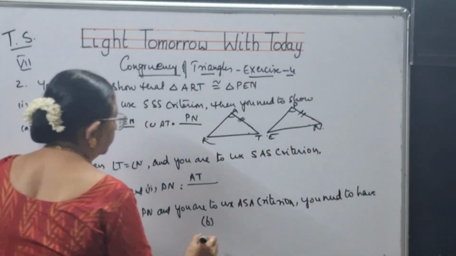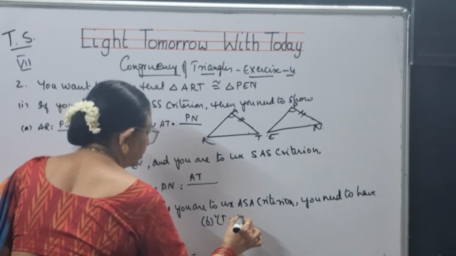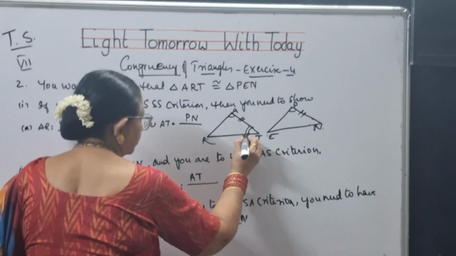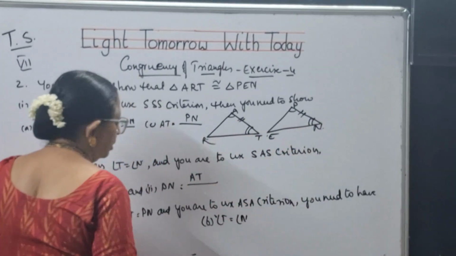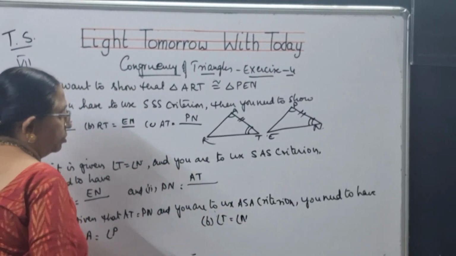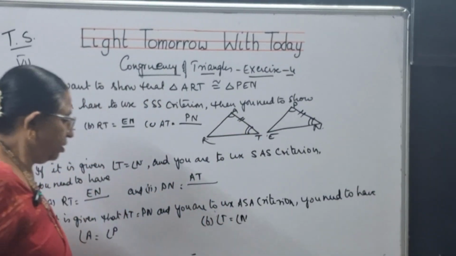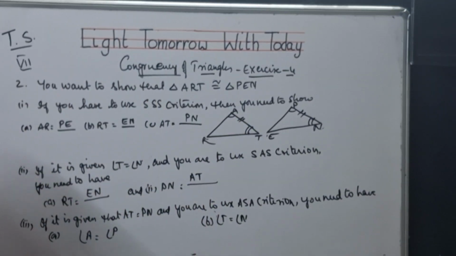Then you need to have angle T is equal to angle N. These two also should be equal. Then only basing on angle side angle property, you can prove that the two triangles are congruent. Please note it down, children. These all are the problems recollecting for you the properties, the criteria that you have learned.